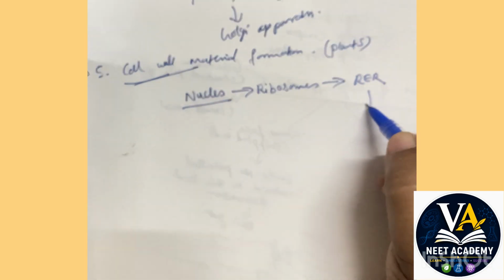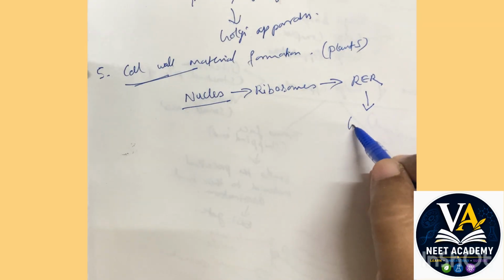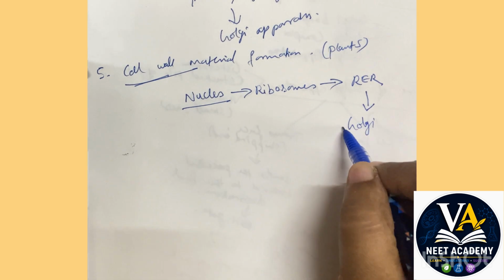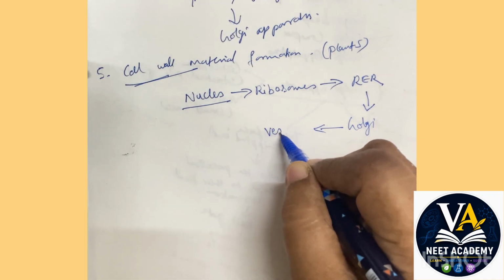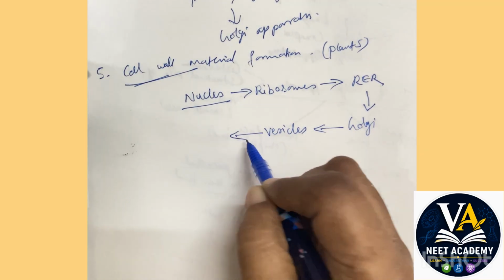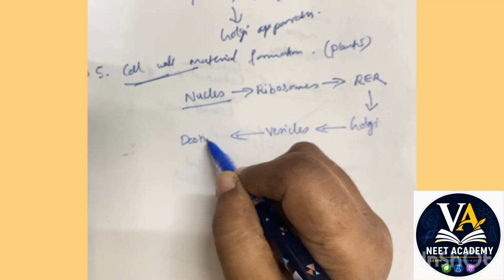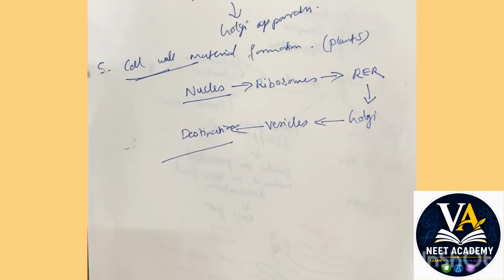The rough endoplasmic reticulum translates your information into proteins, and then from the rough endoplasmic reticulum the material is transported to the Golgi body. In the Golgi body it is modified, packed, and then given into vesicles, and these vesicles carry the particular proteins and lipids to the final destination. So this is how the cell transport system works.